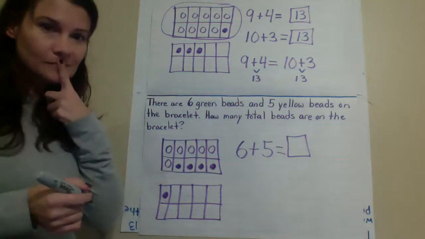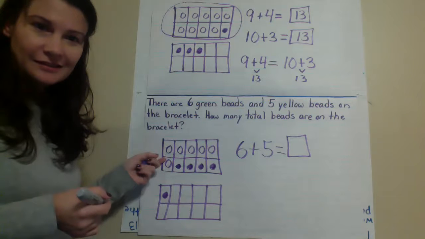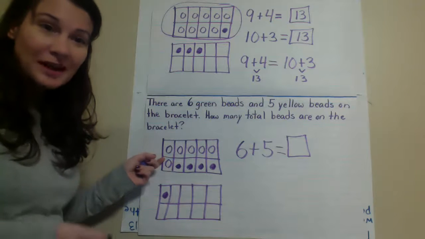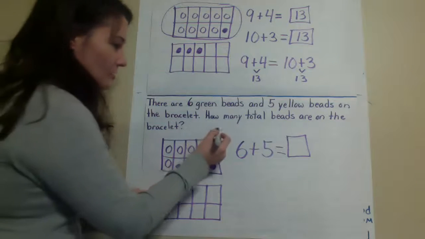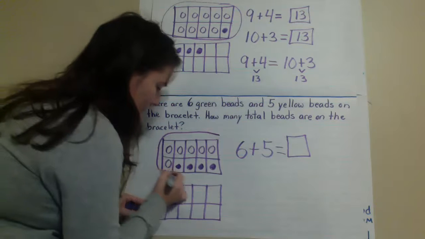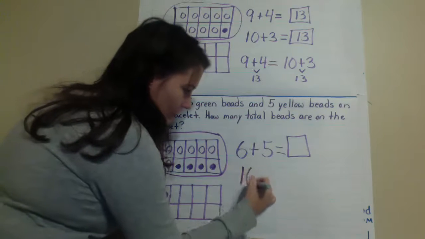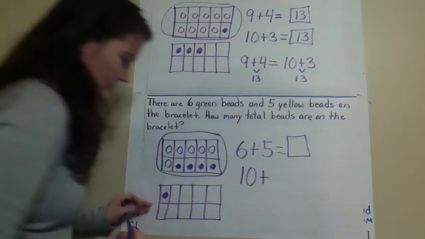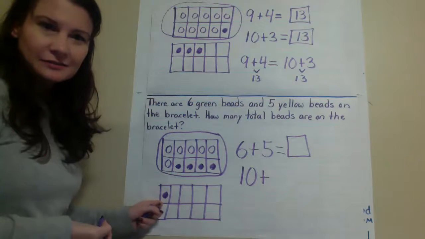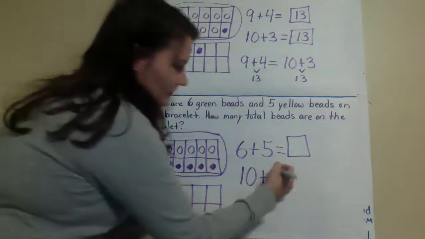Do you see what I did here? That's right, I made a 10. So I'm going to go ahead and circle my 10. So I have 10 plus, how many's left? 1.